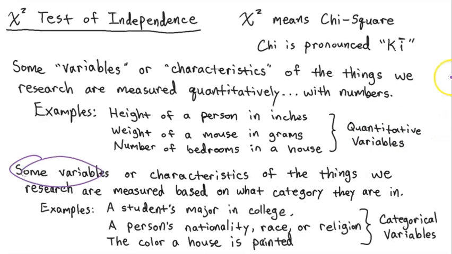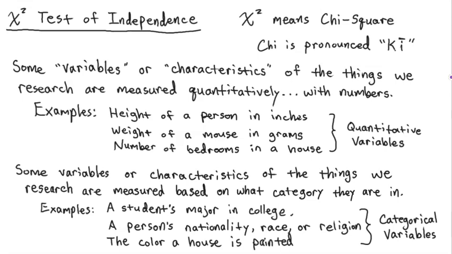But some variables or characteristics that we research are measured based on what category they're in. We can't really apply a number to them. They're not quantitative. For example, what if we were studying a student's major in college? If we surveyed 75 students and asked them what their major is, it's not a number, it's a word.